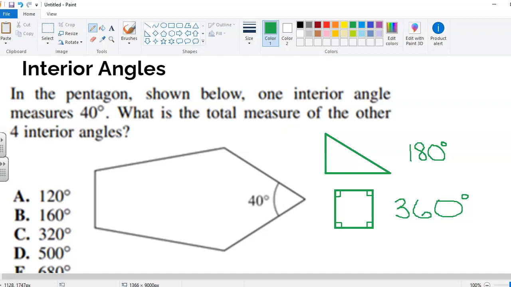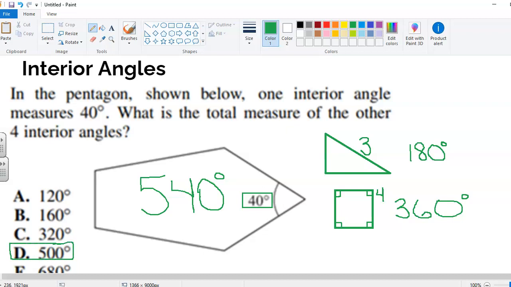So if you continue that pattern, something with 3 sides adds up to 180, something with 4 sides adds up to 360. It's not a coincidence that the pentagon adds up to 540 degrees. So all 5 put together have to add up to 540. We have used 40 degrees of it, which tells us we have 500 degrees left.